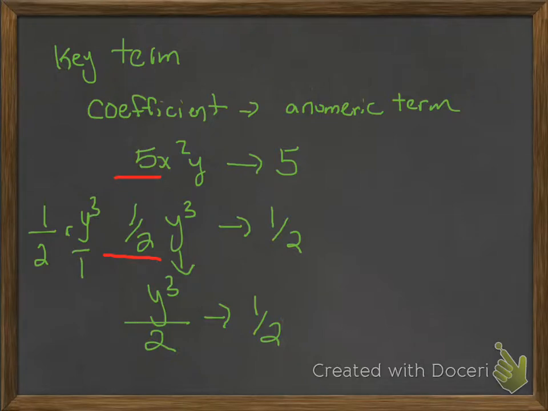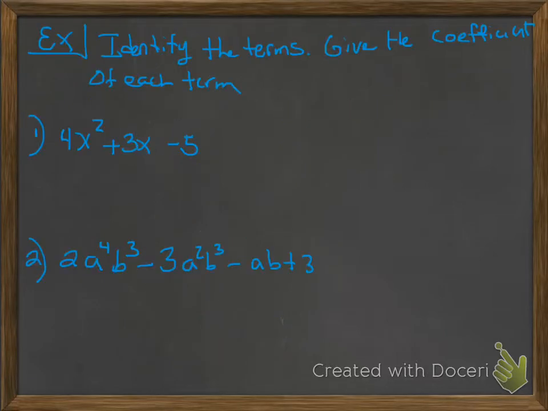So fractions are going to be a little bit trickier, but we'll continue to work with them in how to determine the coefficients of a fraction when we have fractions. All right, so identify the terms, give the coefficient of each term.